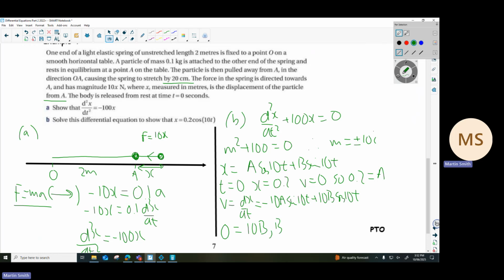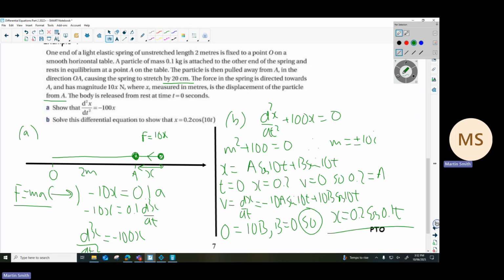So b is equal to 0. So if you put all that together, you get that x is equal to 0.2 cos 10t, as was required.